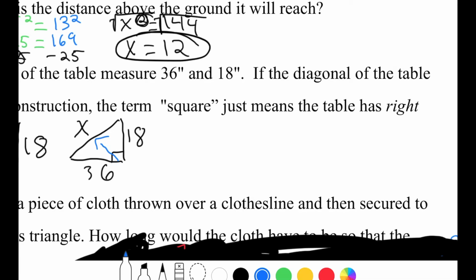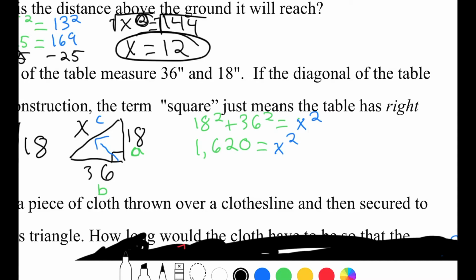So let's put an x there, and let's solve to see if that gives us 43. So we have our hypotenuse, we have our two legs, that's A, that's B. We'll have 18 squared plus 36 squared equals x squared. We simplify, 18 squared plus 36 squared gives us 1,620 equals our x squared.